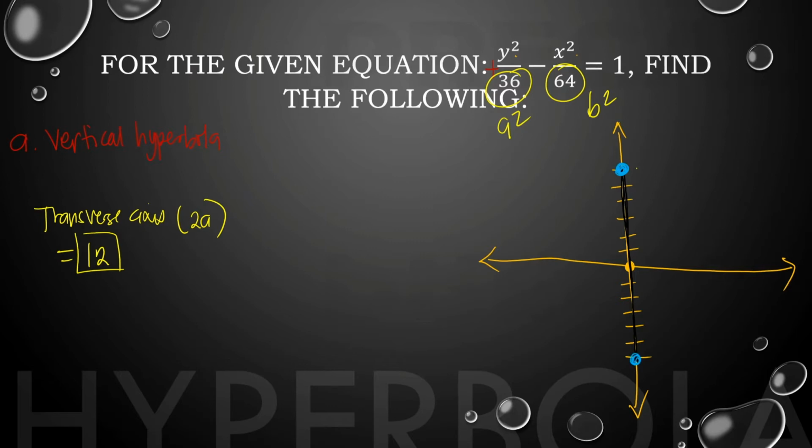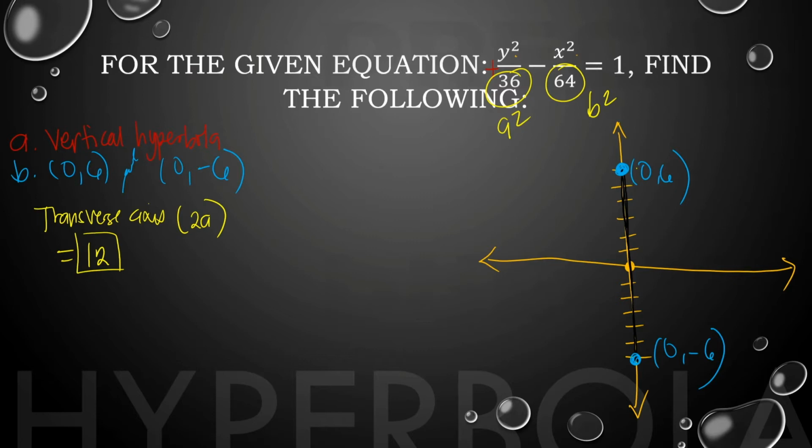Sa graph na to, ito ay magiging (0, 6) and (0, negative 6). So, sa letter B, ang coordinates ng vertices ay (0, 6) and (0, negative 6).